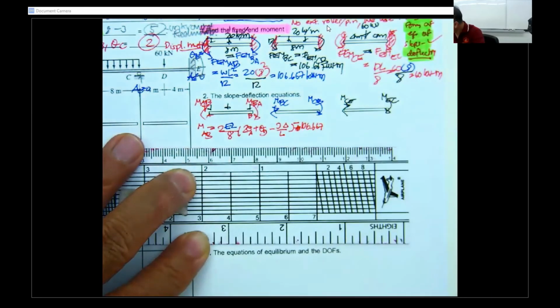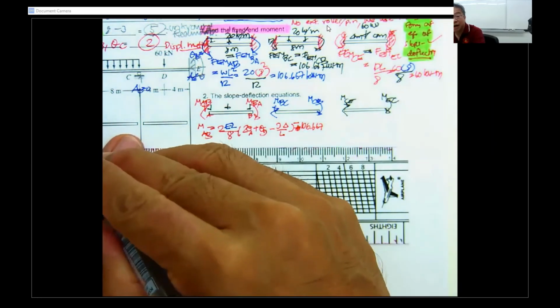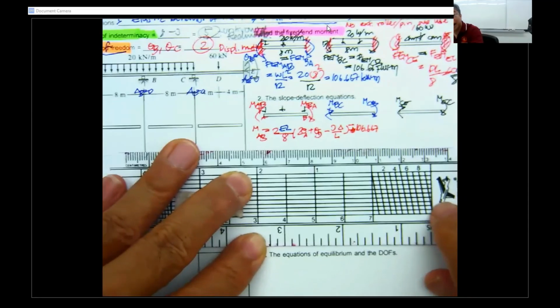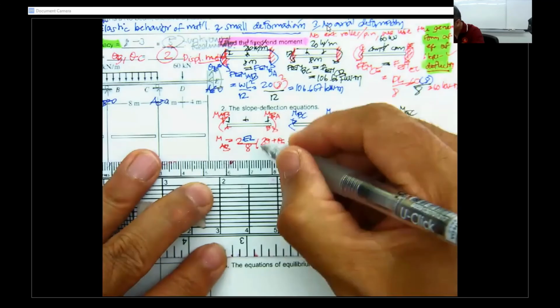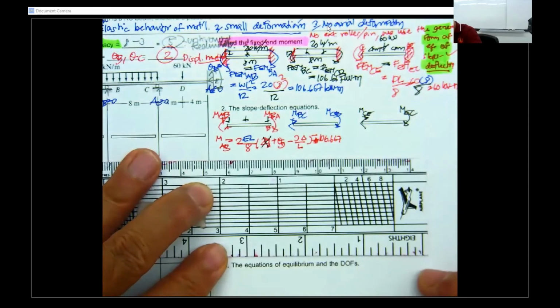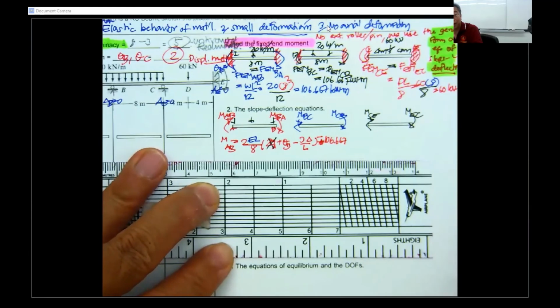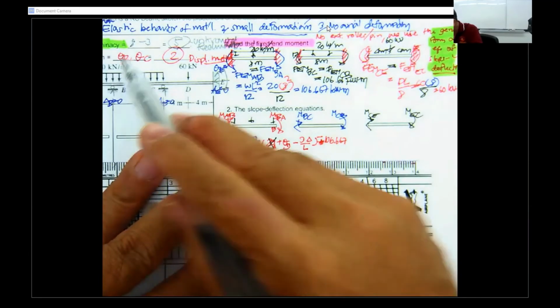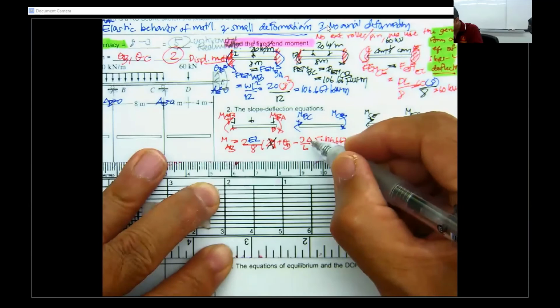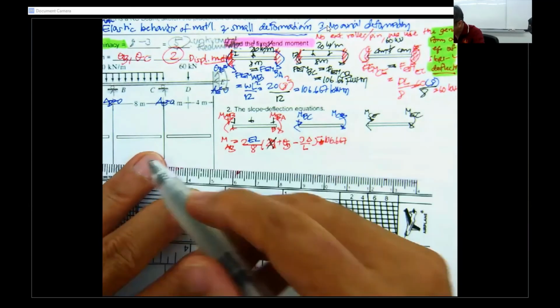106.667. And what we have over here, the theta at A is fixed. Okay, so this term is 0. This term is 0. And we have the theta sub B, because theta sub B is the unknown we are looking for. And what is the delta? The delta is the settlement.